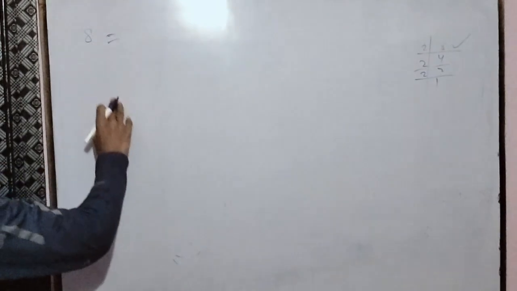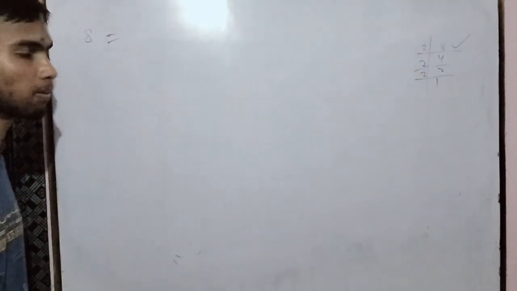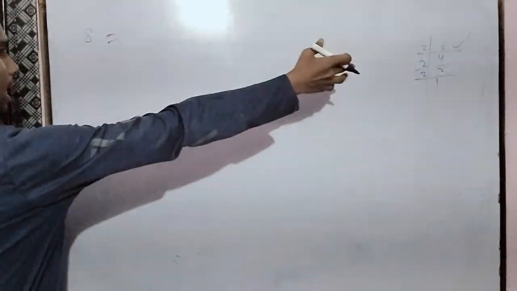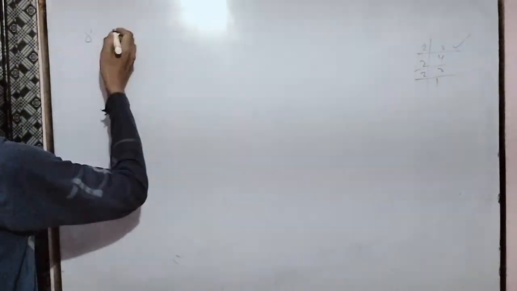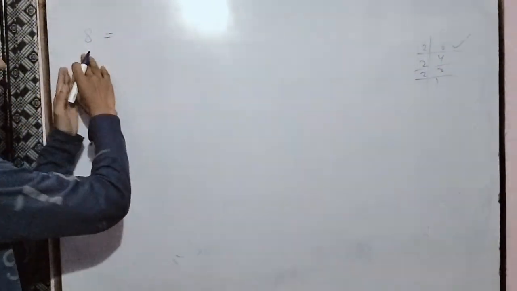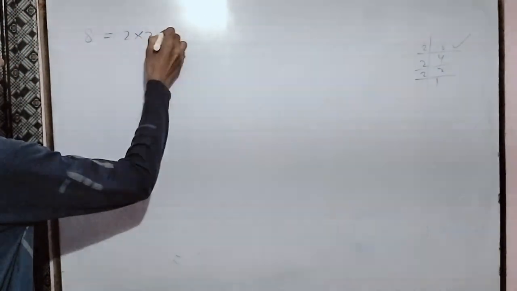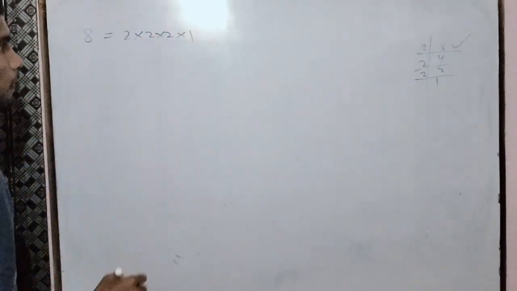So you have understood how to factor any given number. This was the input, and we will write the output: 2, 2, 2 multiplied by 1.